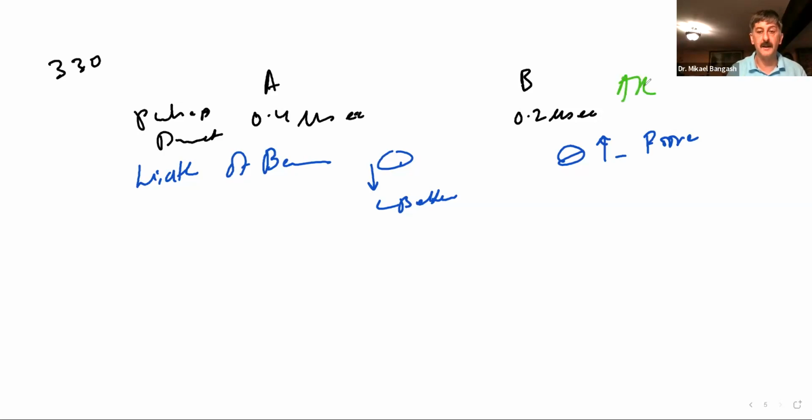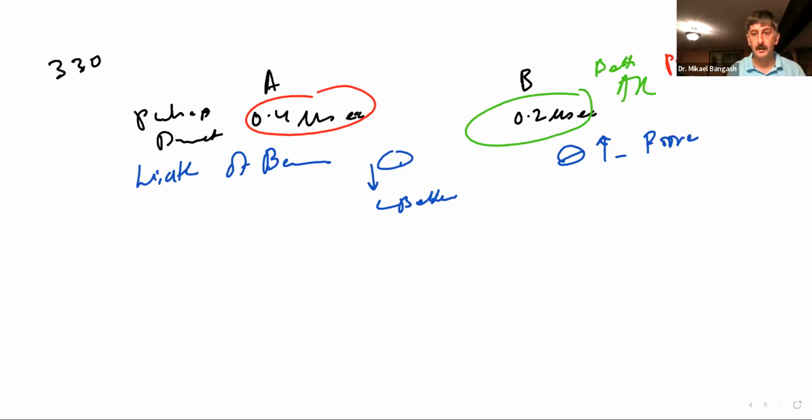So which one will have a better axial resolution? The shorter pulse would be better, because the longer pulse would have a poorer axial resolution. Did that make sense? So here we don't have the info to determine. Clear?